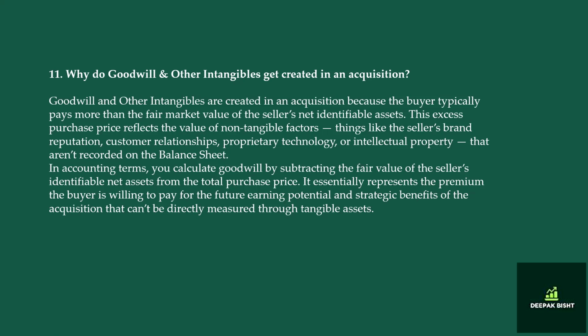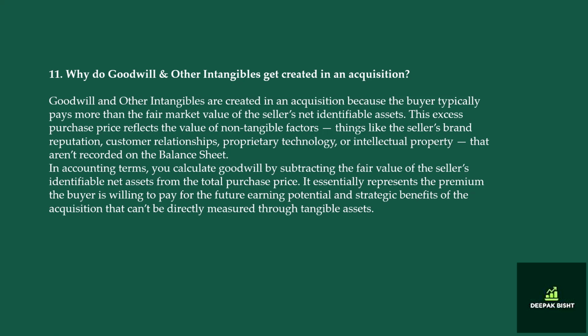Goodwill reflects non-identifiable factors that drive the target's earning power, such as a strong brand name, loyal customers, a highly skilled workforce, expected synergies from combining the two businesses, and strategic location or market position.